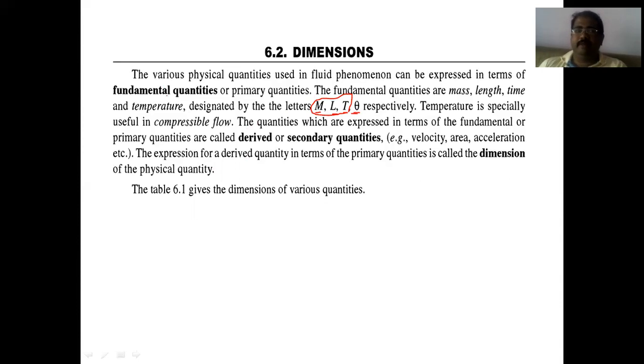The fundamental quantities are those quantities which have their own unit, and it cannot be derived from other forms. So these are the fundamental units. And the second one is the derived or secondary unit. These are those units which are derived from the fundamental units. For example, force, area, volume, etc.